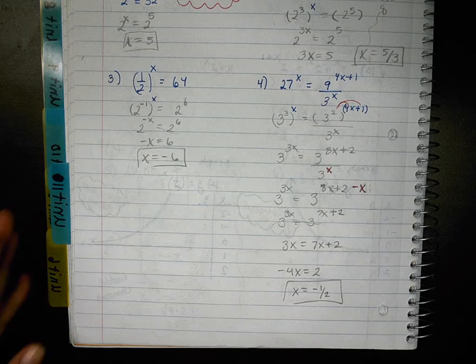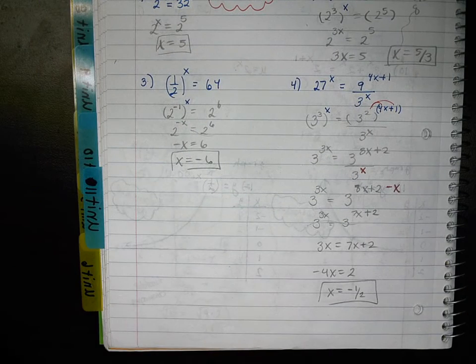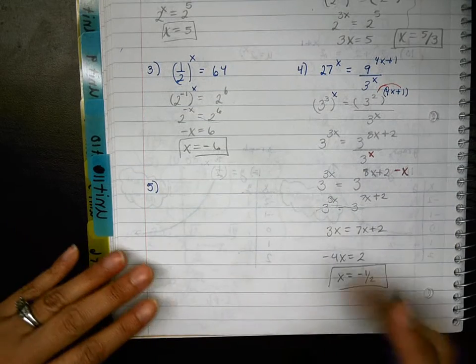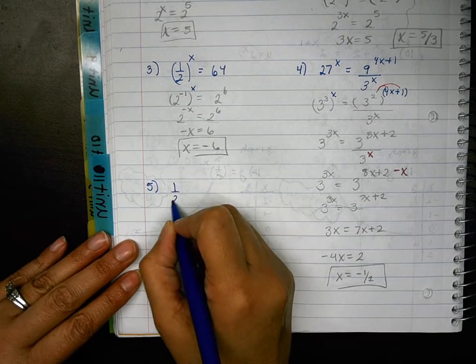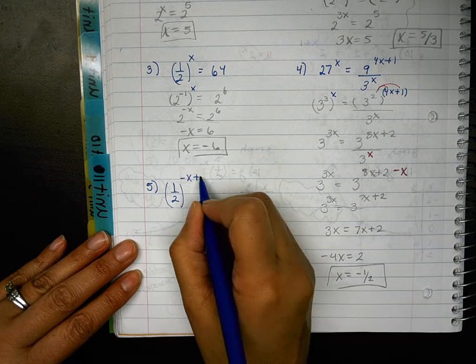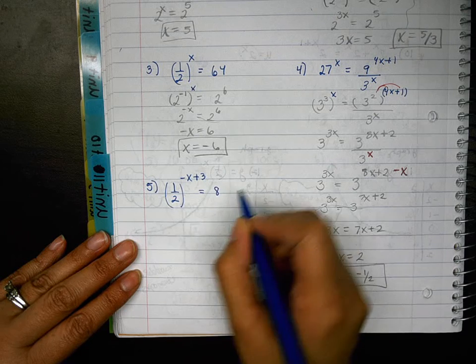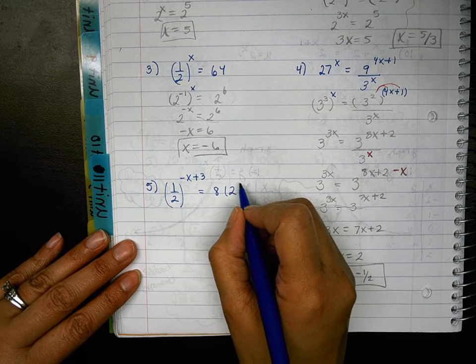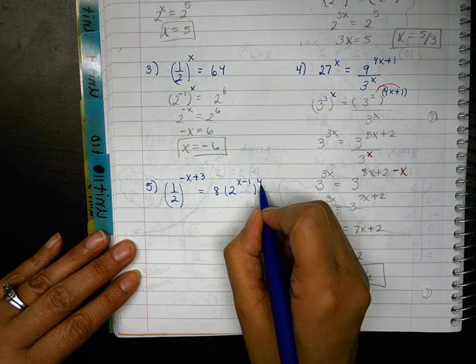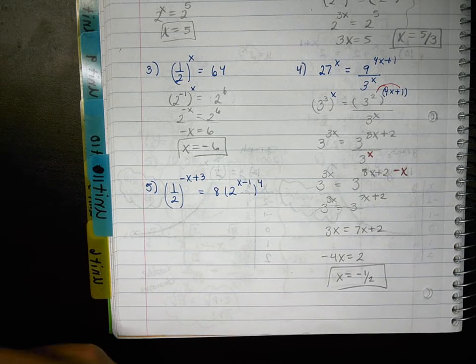Okay. Next one, number 5. We have 1/2 raised to the negative x plus 3 equals 8 times 2 raised to the x minus 1, close parentheses, raised to the 4th power.